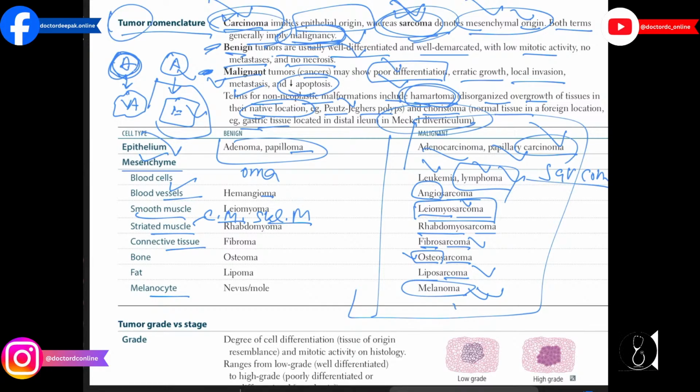Mesenchymal includes blood vessels, smooth muscle, etc. Benign growth of blood vessels is hemangioma, smooth muscle leiomyoma, striated muscle rhabdomyoma, connective tissue fibroma, bone osteoma, fat lipoma, and melanocytes give a mole or nevus.